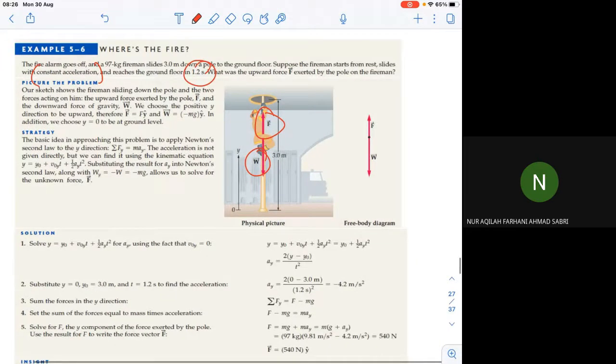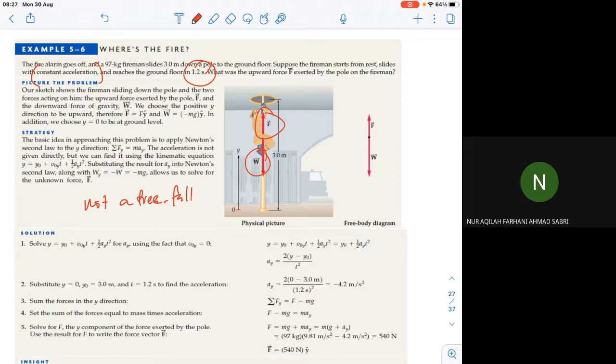For instance, we need to measure first the acceleration, because this is not a free fall. Why is it not a free fall? Because in this situation the fireman uses his weight, so it does not fall under gravitational acceleration.